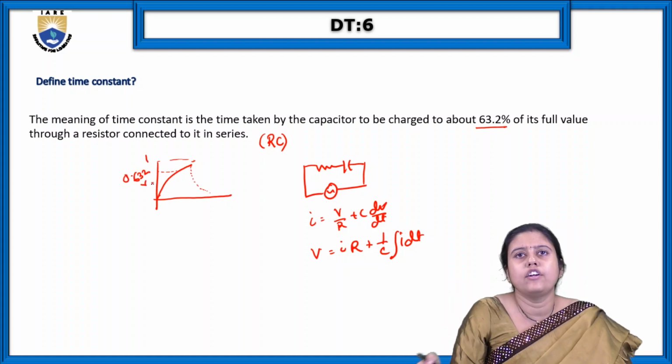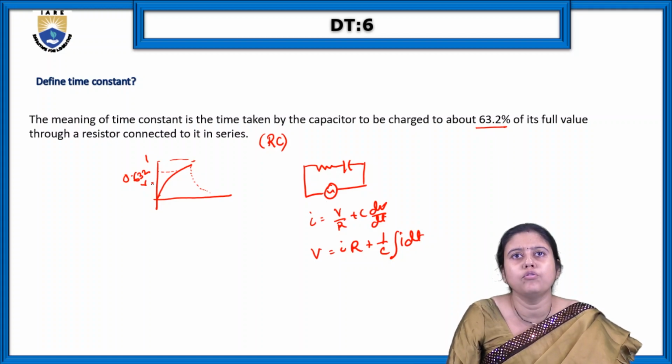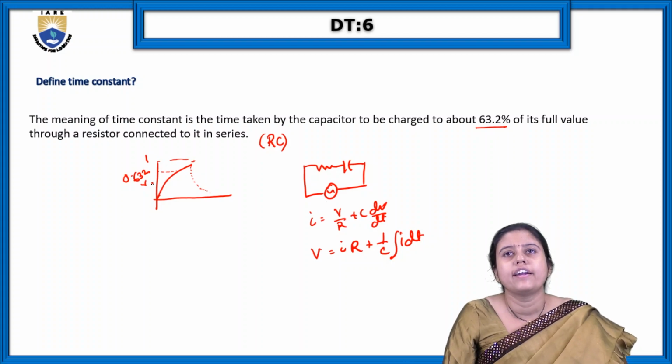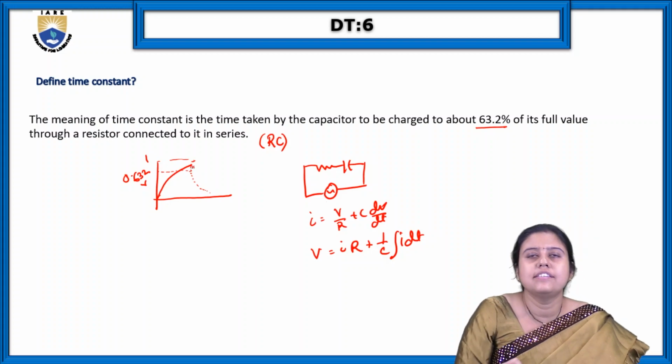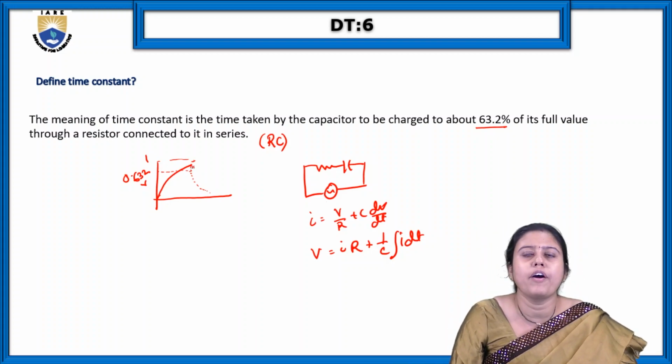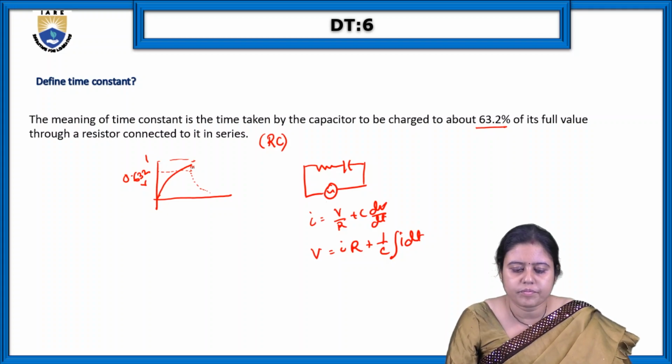The time taken to reach 63.2% of its full value through a resistor, or the time taken to discharge by 63.2%, we call the time constant.